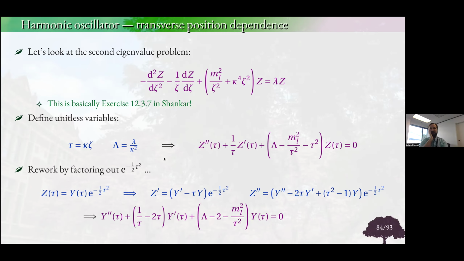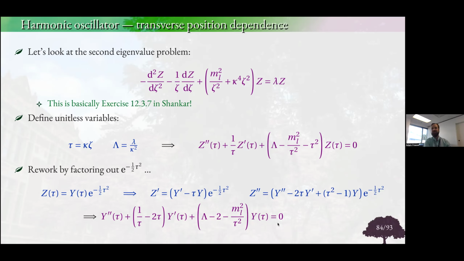First, you define unitless variables to somewhat simplify the equation. And then you factor out an e to the minus 1/2 tau squared in terms of this unitless variable tau, kappa times zeta, because you know that the long distance behavior of a harmonic oscillator should look like that.